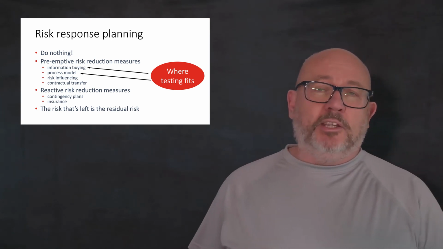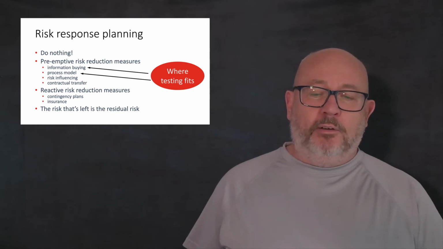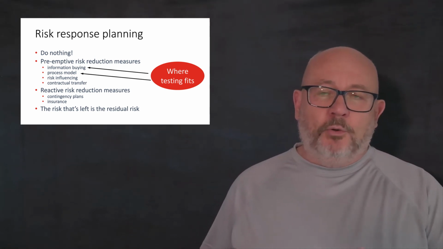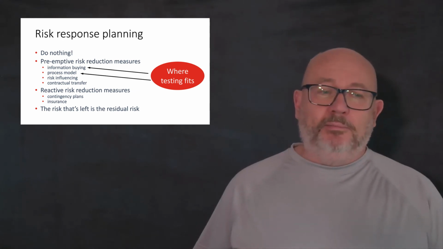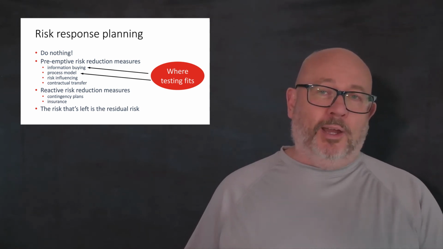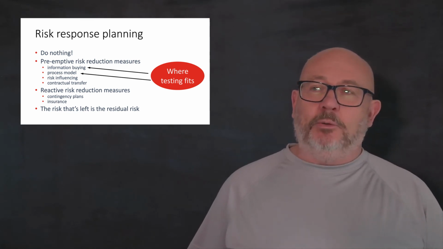The second aspect is a process model. It could be that there are risks which we hadn't considered at all or hadn't thought through in the early days of a project. It's very common, for example, for performance testing not to be thought about until quite late in the day. So the process model idea is that we change our process.